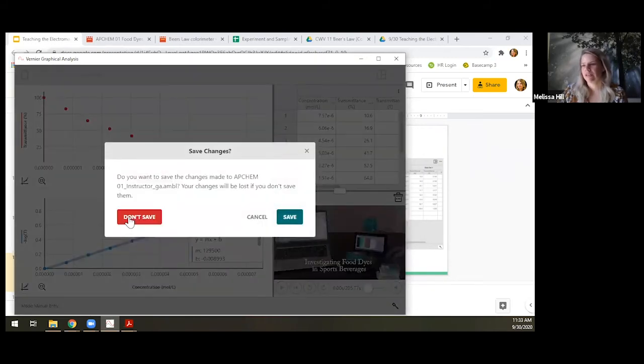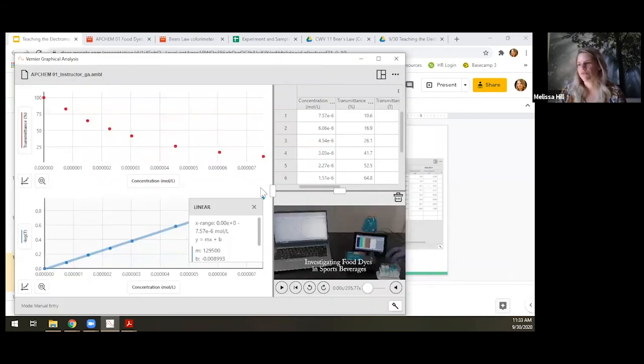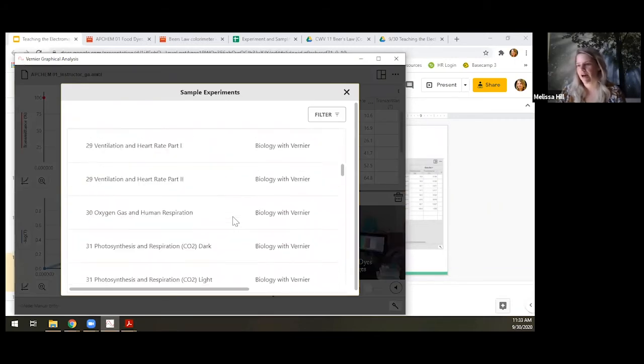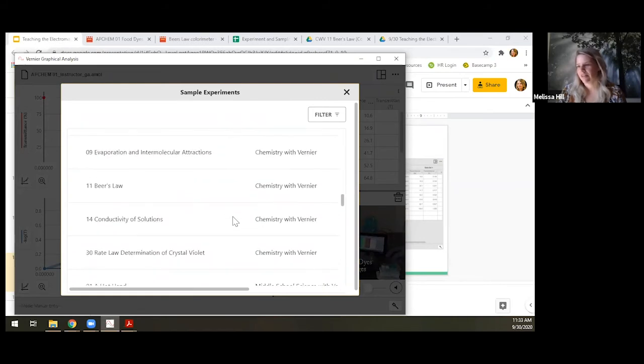One really good example that you could use to teach the electromagnetic spectrum, but you're probably going to use it more for kinetics in the spring, is that tried and true crystal violet lab, which there is an example of in here.